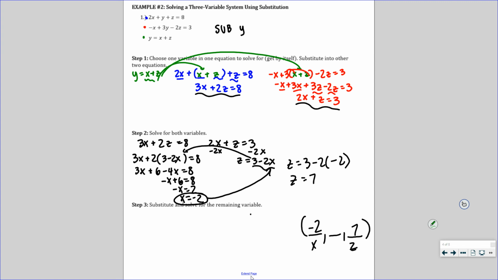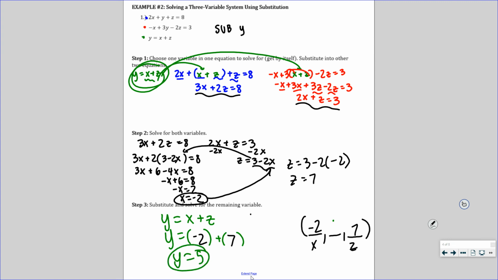Now, y, and this is one of our original equations, y is the same as x plus z. So if x is negative 2 and z is 7, y is 5. That right there would be your final answer. That ordered triple.